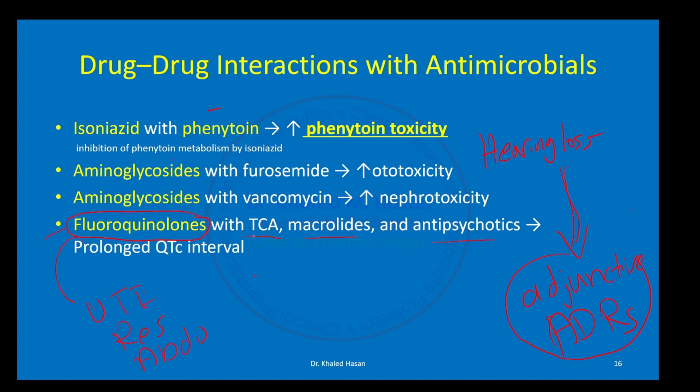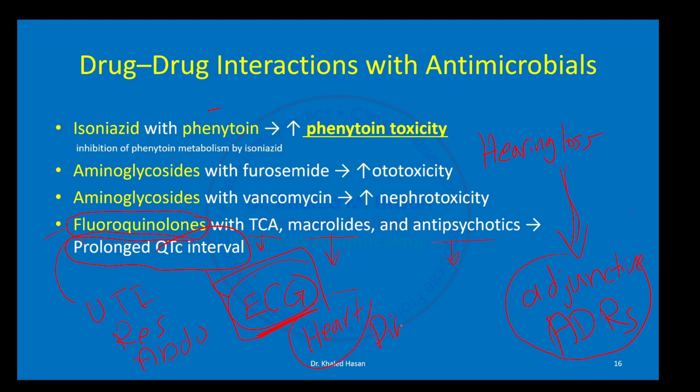If you combine fluoroquinolones with antidepressants such as tricyclic antidepressant, or macrolide, or antipsychotic, this medication may lead to prolongation of the QT interval on the EKG. So for this reason we have to be careful if you have patients with heart disease, not to prescribe this medication to the patient.